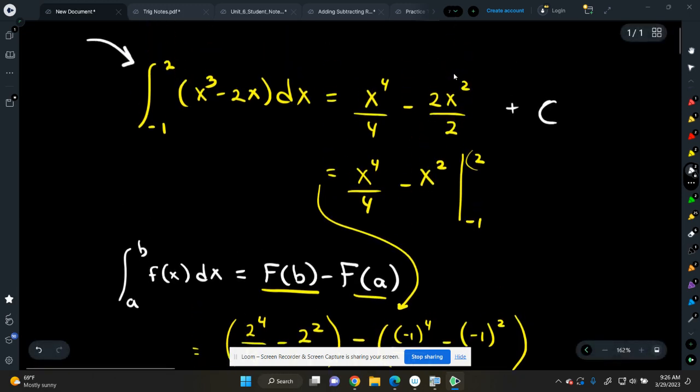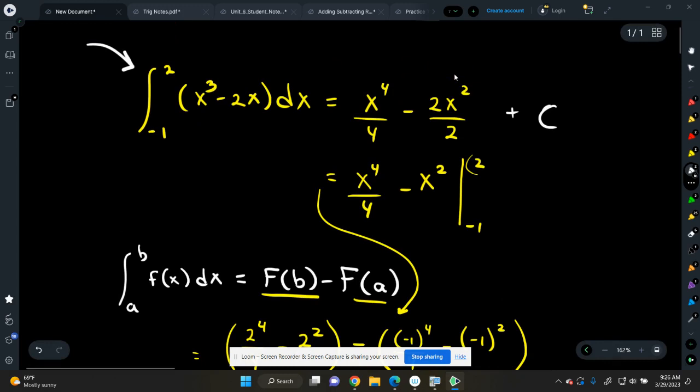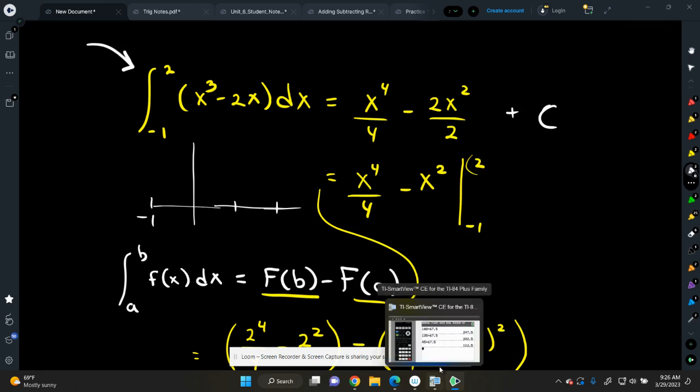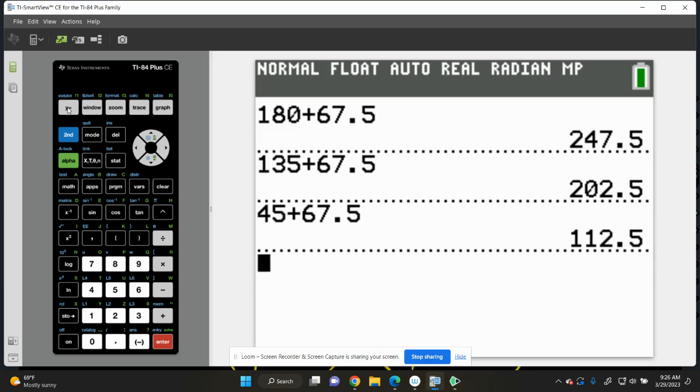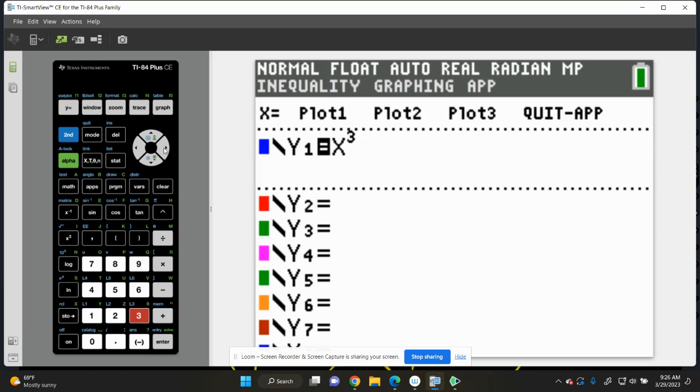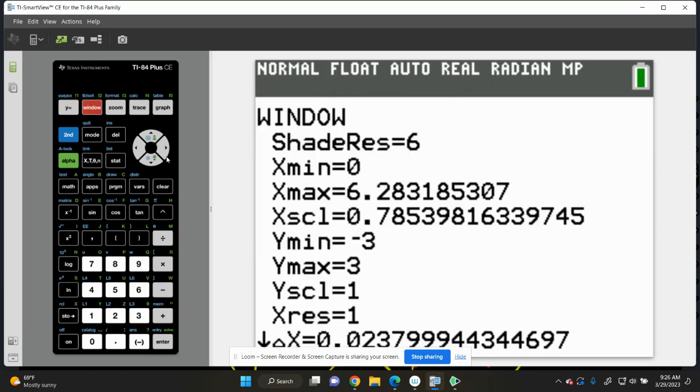What's happening here, and again, we've really skipped through a lot of stuff and we're just covering it as we learn it, okay? What's happening here is I've got this curve. I don't know what it looks like. Let's see, x cubed minus 2x, and we'll go from -1 to 2.